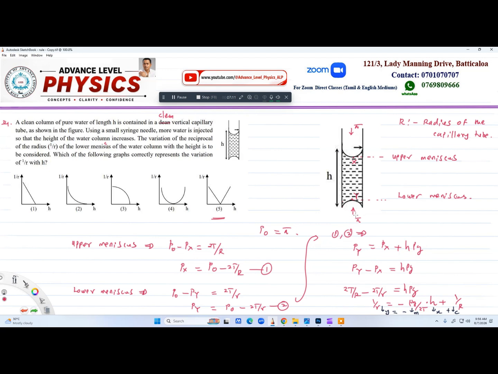So the pattern of the graph will be the other way around. That means earlier it is y equals minus mx plus c, then after this meniscus becomes like this, the graph will take the other form, y equals mx plus c. So this is the possible option.